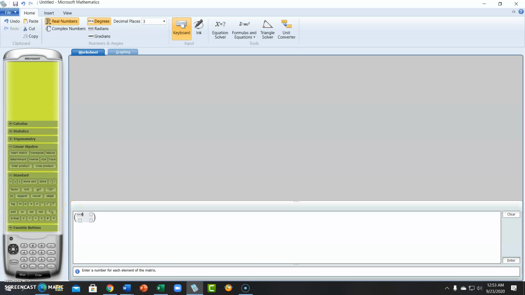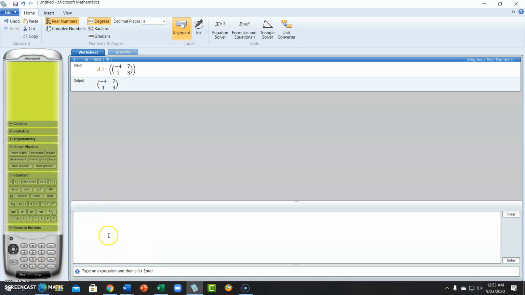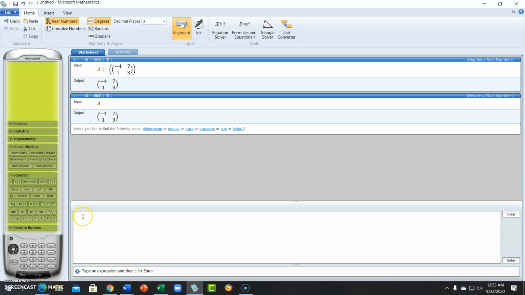I was given that we have -4, 7, 1, and 3. And I'm going to click the store button, store it as A, enter. And so now anytime I put input A, I'll get an output of this matrix. I'm going to check it, make sure I did my work right. Yep, I get that matrix back out.